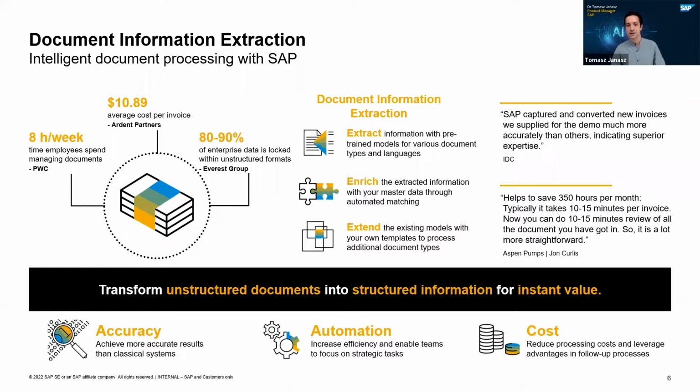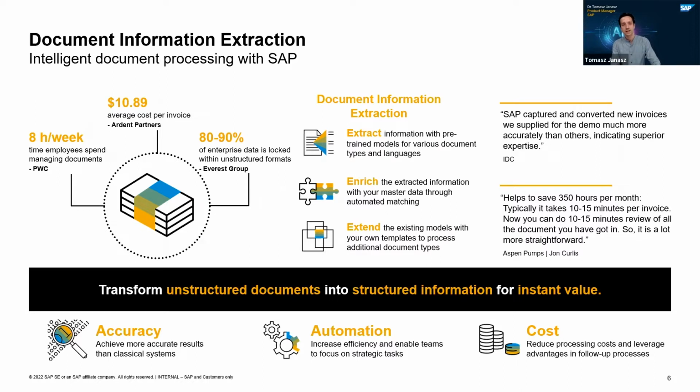And exactly, the challenge is to automatically transform unstructured documents into structured information and embed this information directly into the business process to generate instant business value. And exactly solving this challenge is the definition of our value proposition for document information extraction.